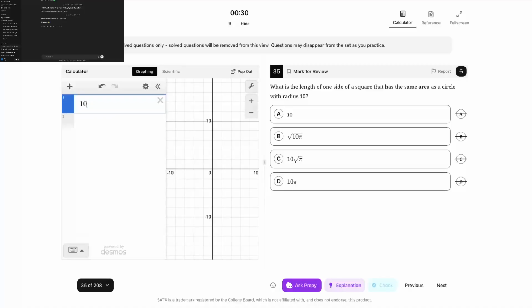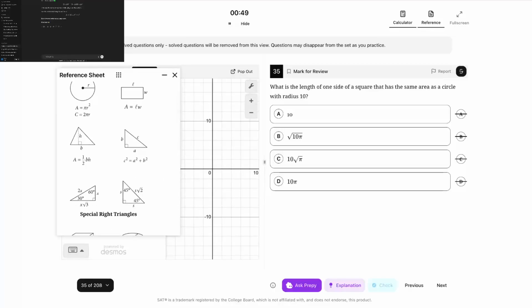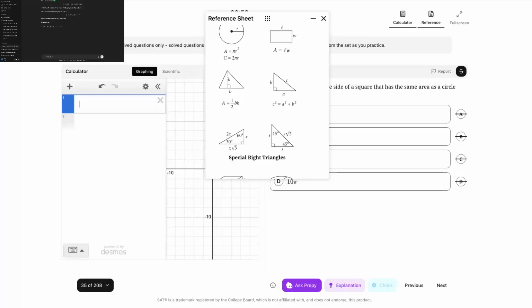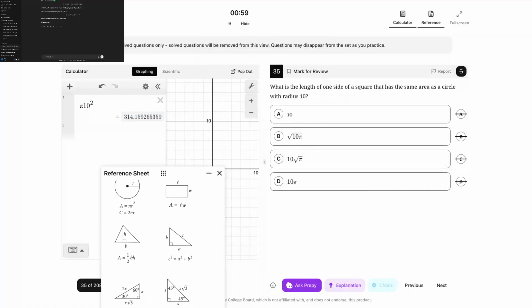So its area is 2 pi r, so 20 pi, I'm pretty sure. What's the reference sheet? It should show you the reference sheet, now that I think about it. Area, not circumference, my bad. Pi r squared, so pi times 10 squared, whatever that is.